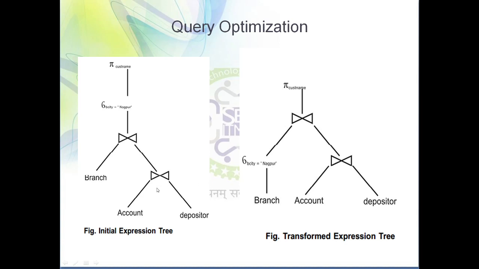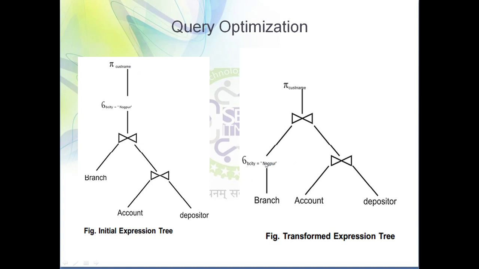In query evaluation plan 1, what is happening? First of all, you perform a join operation between account and depositor, then a join with branch, then the selection operation, and finally the projection operation. But in query 2, first you perform the selection operation, and simultaneously the join operation between account and depositor.